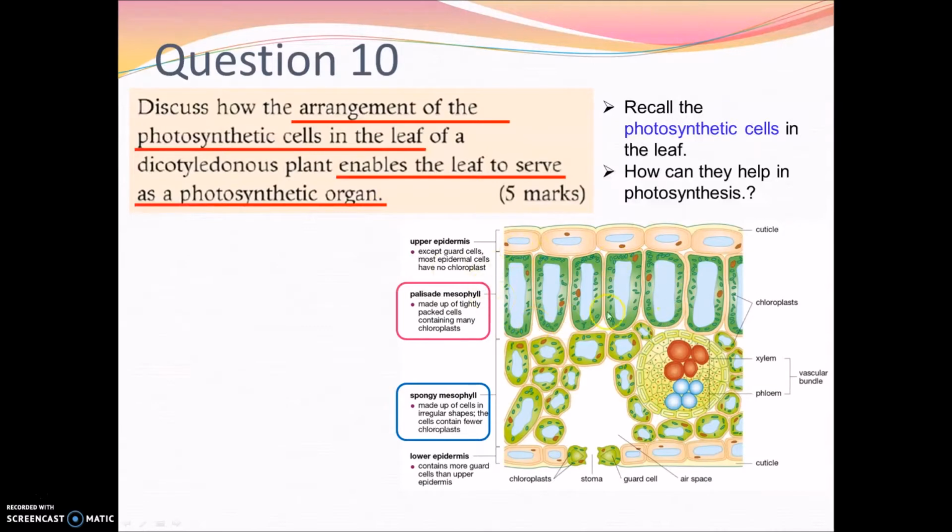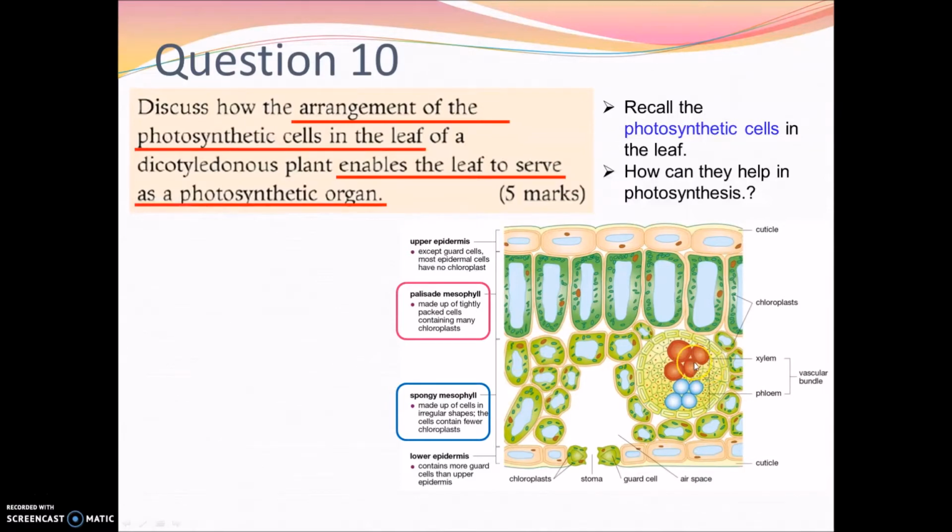For the leaf structure, if we only talk about one palisade mesophyll cell, of course it's just a cell. But if we have many palisade mesophyll cells working together, it will be a tissue. The same concept applies to spongy mesophyll cells: one is just a cell, but if they group together and work together, they will be a tissue.